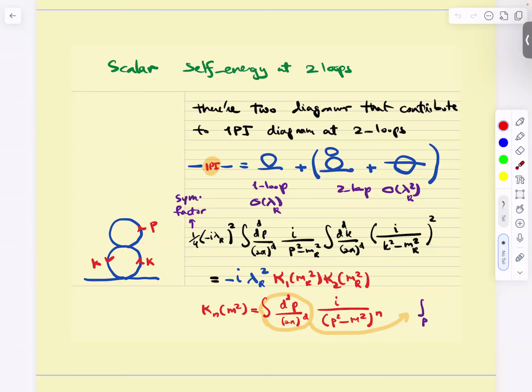Now, the diagrams that we're interested in calculating at two loop, there are these two diagrams that appear. There's this diagram, and then there's this diagram.